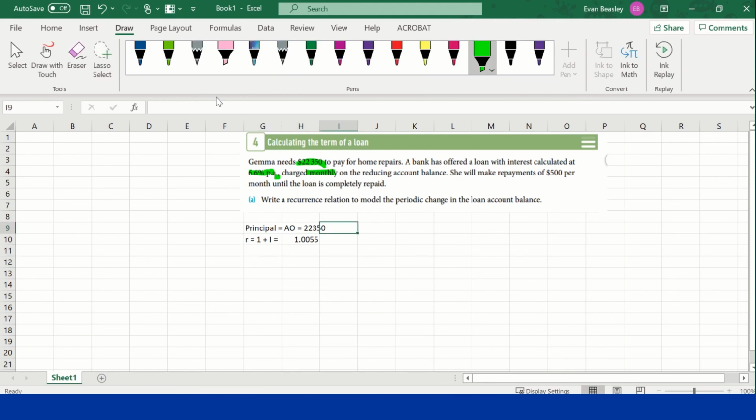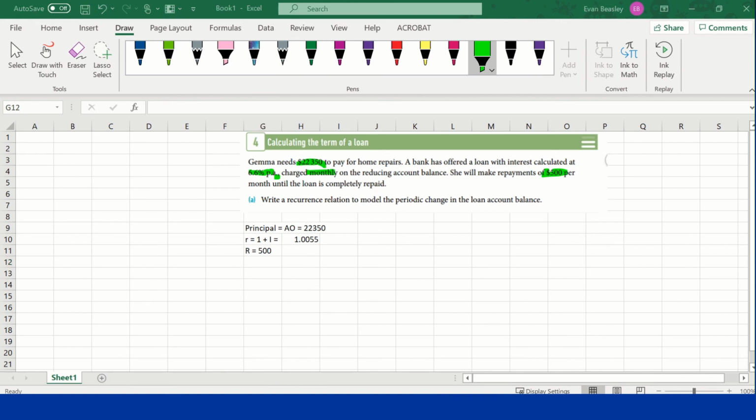We also need to calculate the repayment. So we've got a repayment, capital R, of $500. Let me write out a recurrence relation.